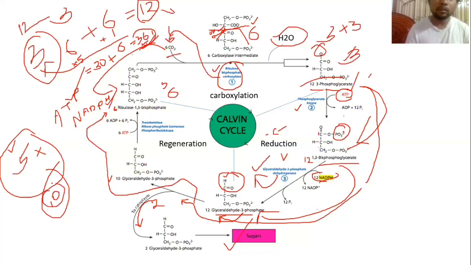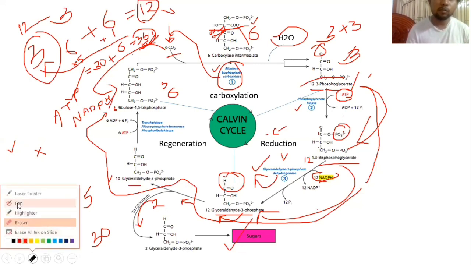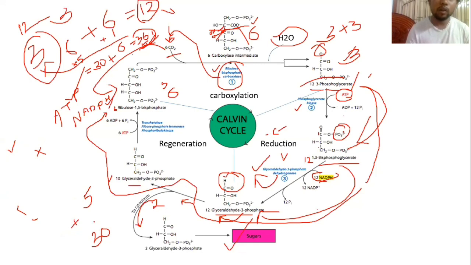Okay. Now out of this 36 carbon, we have 10 molecules of glyceraldehyde 3-phosphate. Each molecule of glyceraldehyde 3-phosphate contains 3 carbons. So total we have 30 carbon. One ribulose 1,5-bisphosphate contains 5 carbon. So 30 divided by 5, it will be 6. So our 6 ribulose 1,5-bisphosphate are going to come back, right?